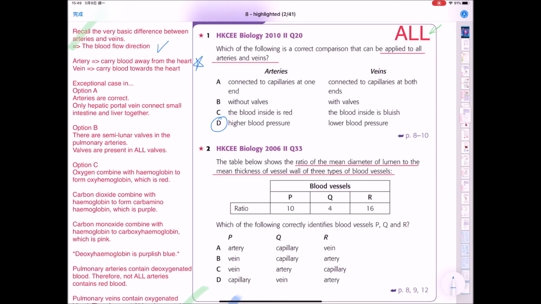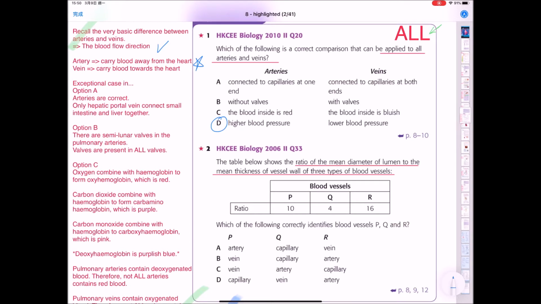The arteries carry blood pumped from the heart, so it must be at a very high blood pressure. And after traveling a long distance, maybe to your brain, your arms, and your toes, the blood finally comes back to the heart.